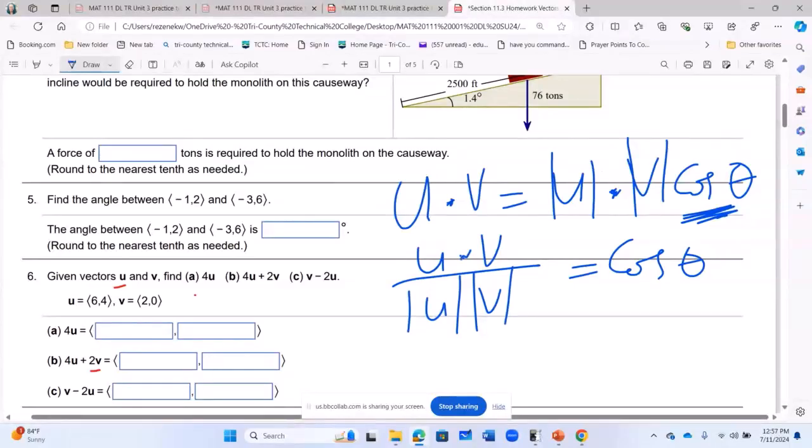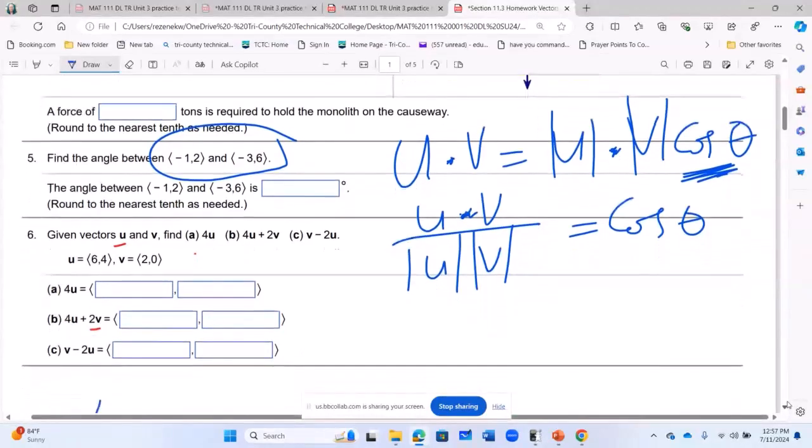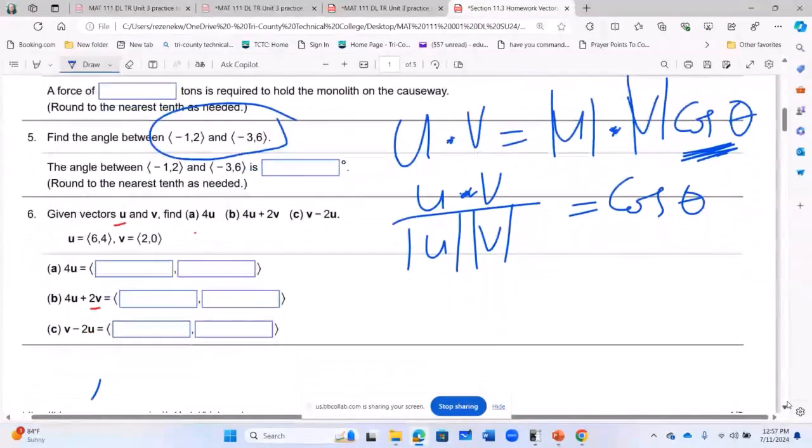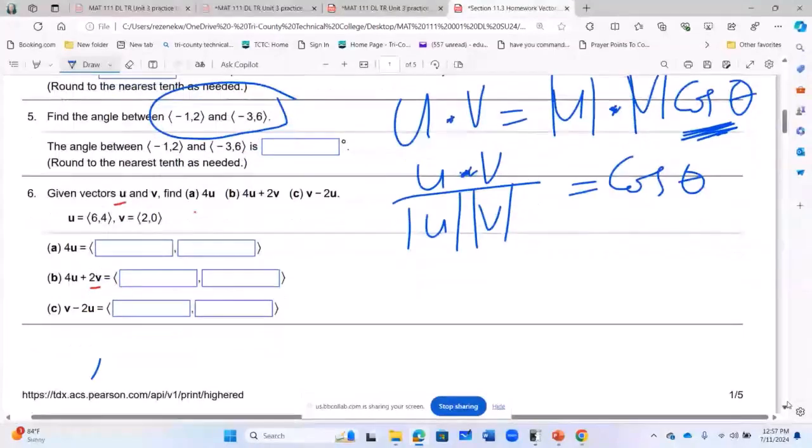Okay, I'm told to find the angle between these two vectors. I have to find u dot v in the numerator. But by the way, if u dot v is 0, then you don't need to continue. If u dot v is 0, you already know that the angle is 90 degrees. So let's go ahead and find u dot v.